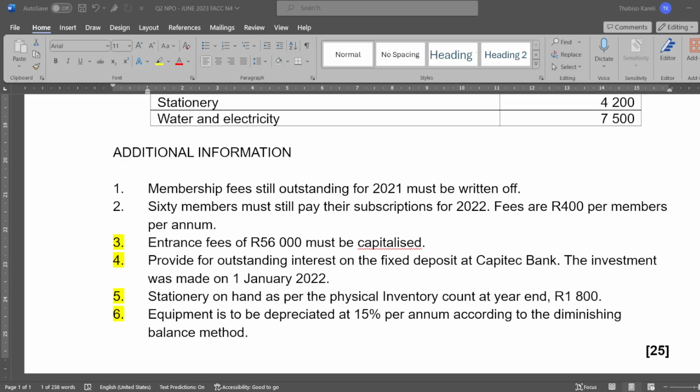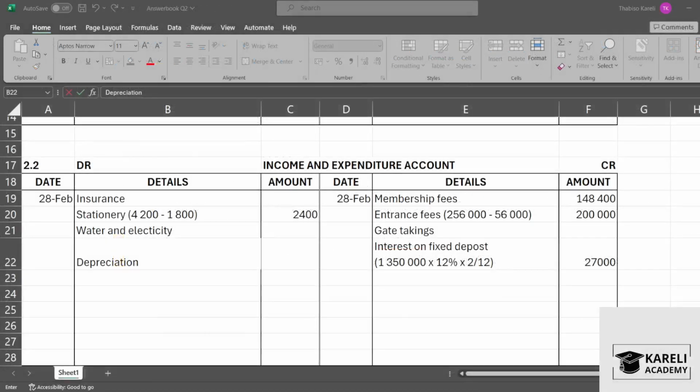Now the depreciation on equipment is how much?